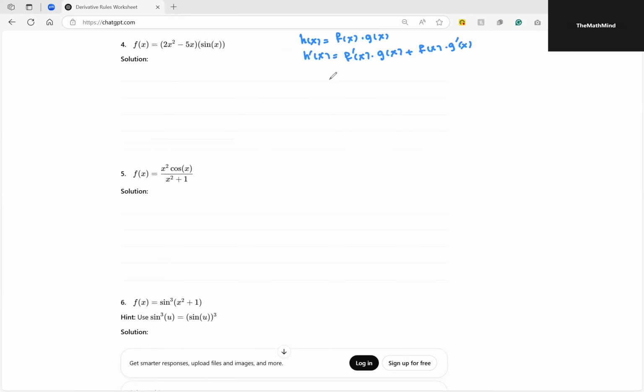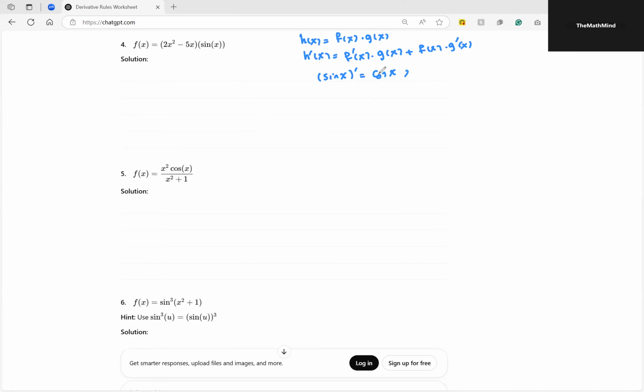We also have sine, and the derivative of sine is going to be cosine x. U is x here, the derivative of x is 1, so you don't need to multiply by u prime.